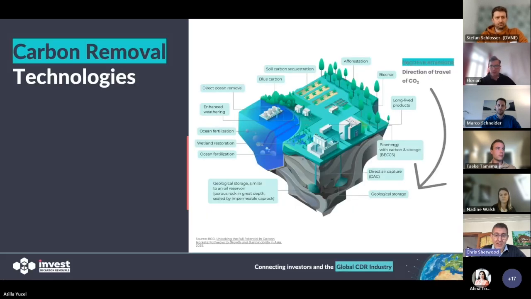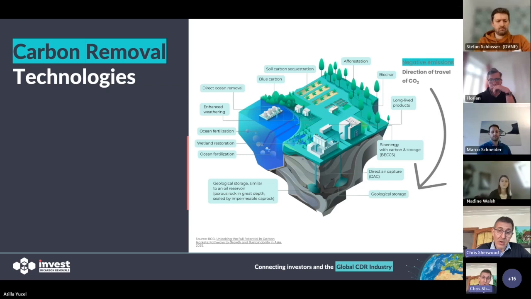This is a great graphic from BCG, which shows you the range of technologies that CDR includes. It shows that we have what some people call nature-based or temporary removals, with forests and ecosystem restoration, and more permanent carbon removal methods, which can be based in the sea or on the land.